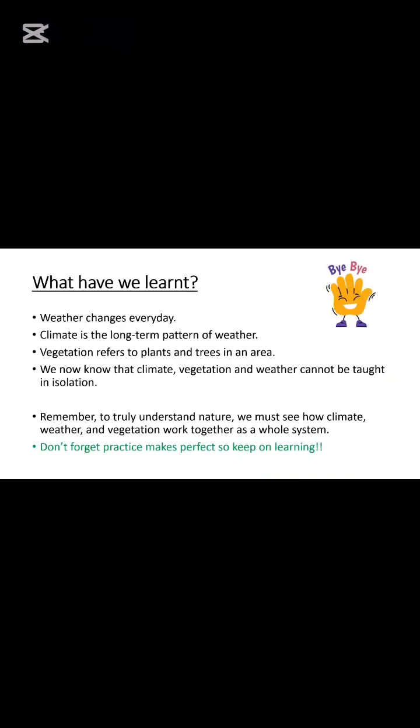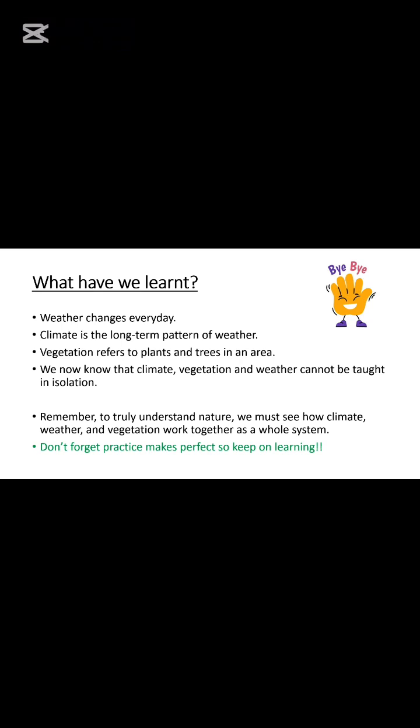So, what have we learned? We have learned that weather changes every day. We also learned that climate is the long-term patterns of weather. Lastly, we learned that vegetation refers to plants and trees in an area.